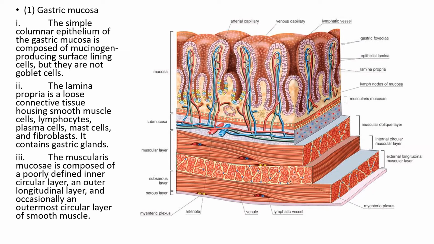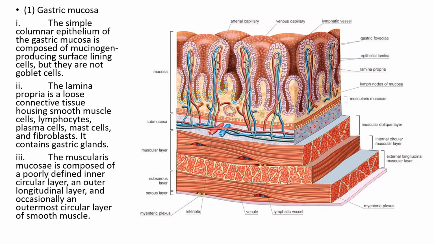They are very simple, very thin layers. The muscles of the outer layer are arranged in a longitudinal fashion, and the inner layer is made up of circularly arranged smooth muscles, and occasionally we can see an outermost layer of smooth muscle also.